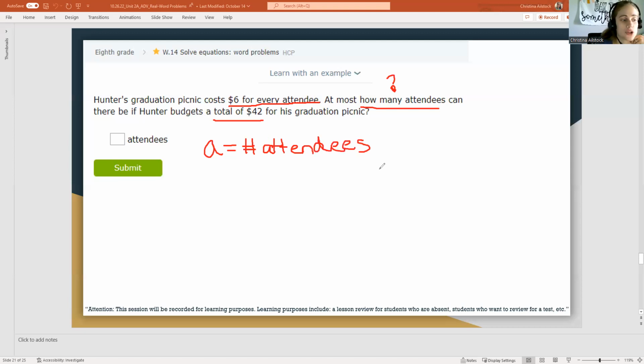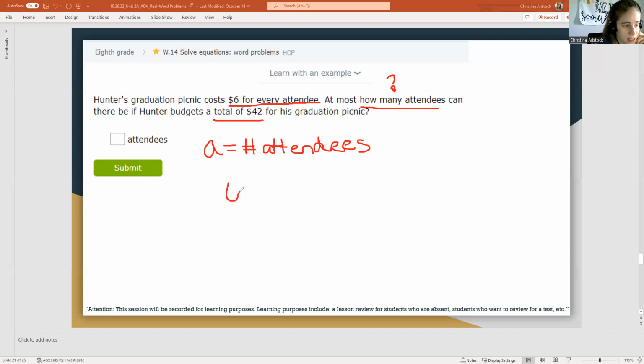And now we need to write our equation. So when I read through this, it doesn't look like there's any startup cost. Like, on the last one, there was $3 for the magazine plus this other amount for the candy bars. In this case, I'm not seeing any other cost for this graduation picnic other than the cost for the attendee.